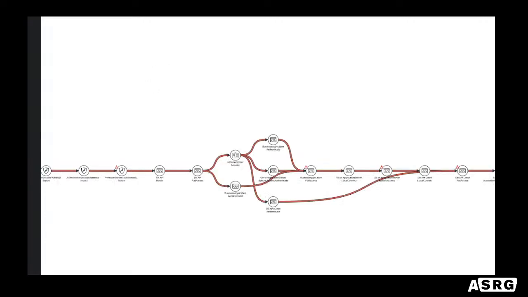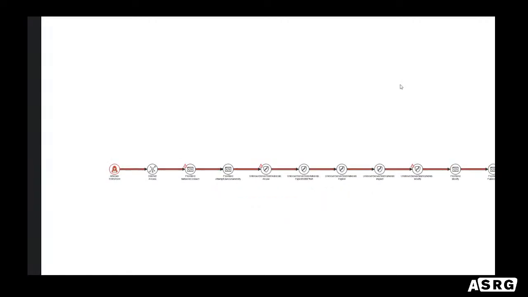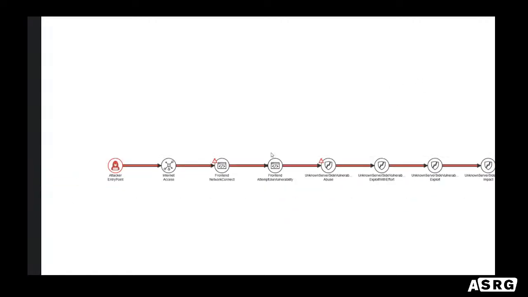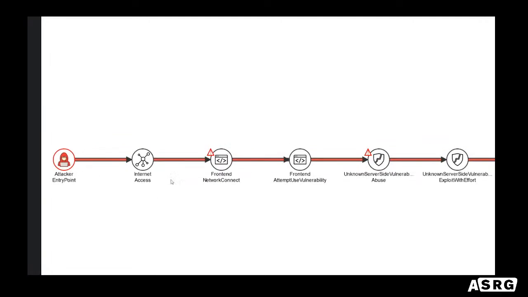So we see that we have the entry point here, which is access to the first network zone, and then we have this front-end application which is part of this web server that we saw, and it says network connect. Well, this is not really an attack step from a security standpoint because regular users are supposed to connect here.